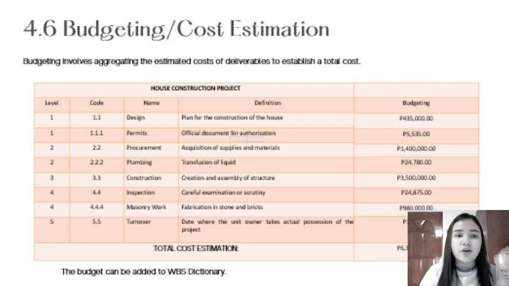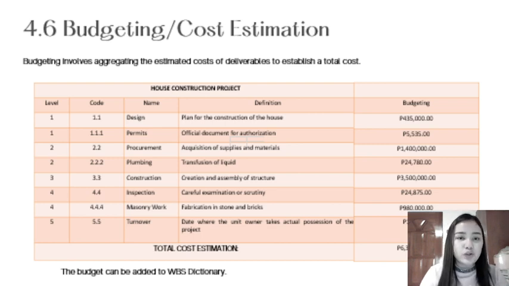Next step is the 4.6, the budgeting or the cost estimation. So it involves aggregating the estimated cost or deliverables to establish a total cost. Okay? So, para mas madali, yung budgeting is ilalagay nyo na lang beside the work breakdown structure dictionary.